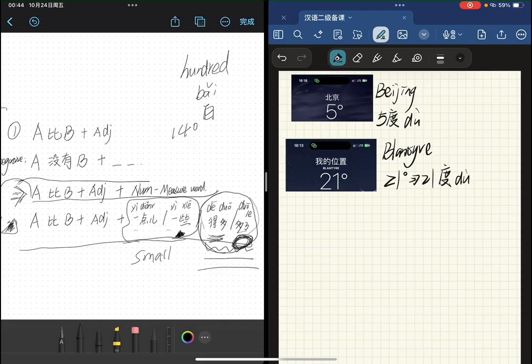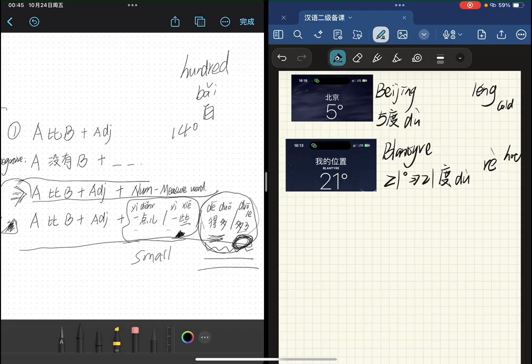Beijing is cold now because Beijing has already entered autumn. The weather is getting colder and colder. When we compare temperature, we use the adjectives 冷 or 热, cold and hot.